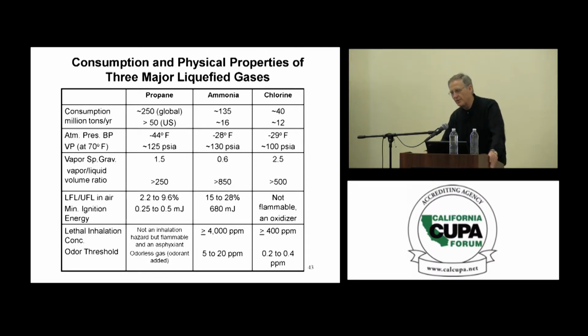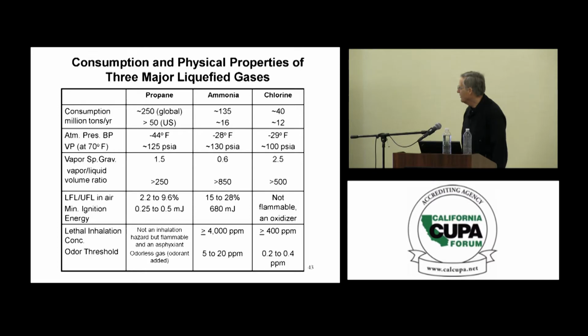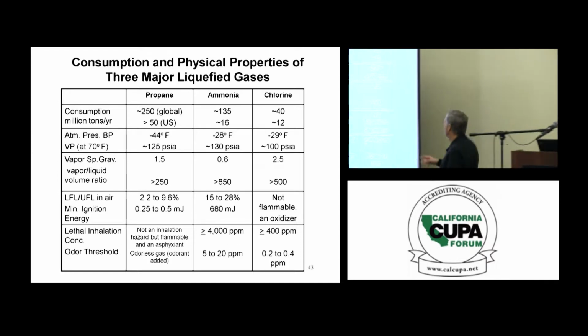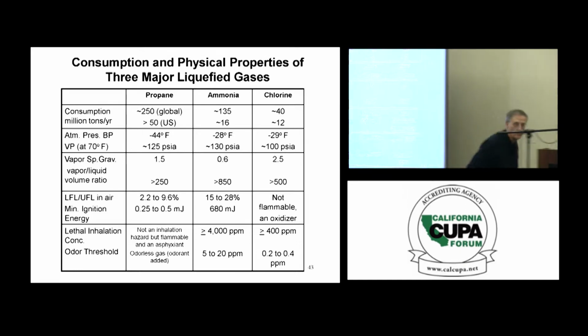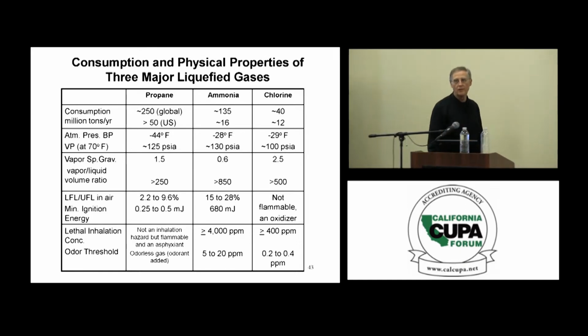Now, in terms of consumption and physical properties, why are these three gases in particular so important? It's because of their physical properties, is one answer. At normal atmospheric temperature, 70 degrees Fahrenheit, look at those numbers. Those are manageable pressures, less than 250 pounds pressure.